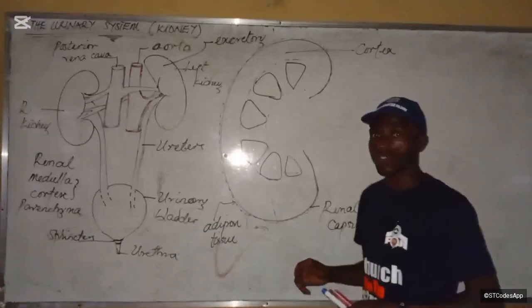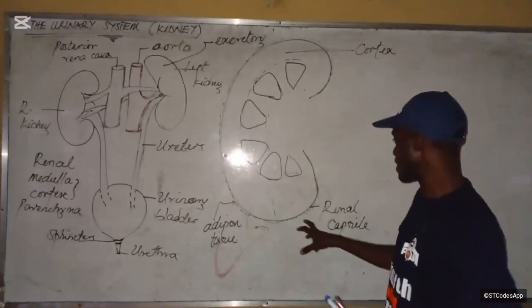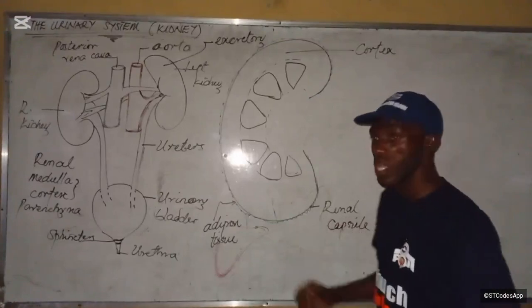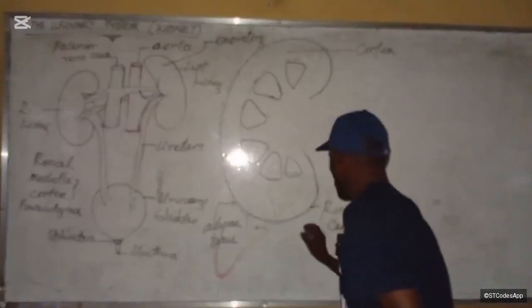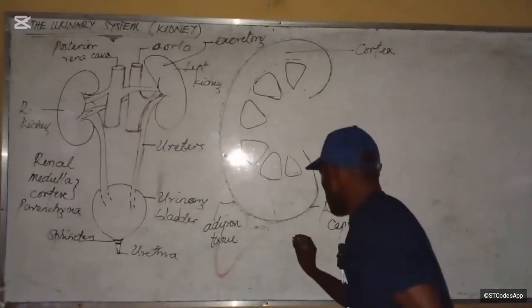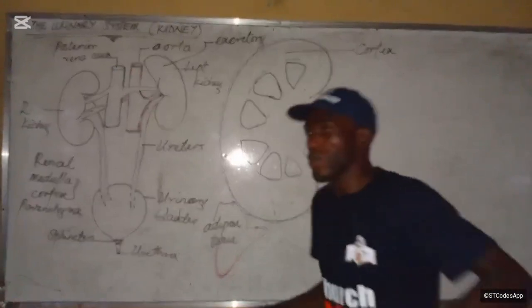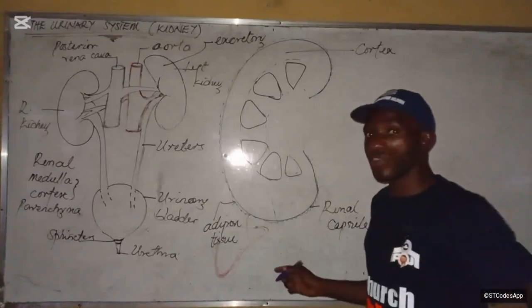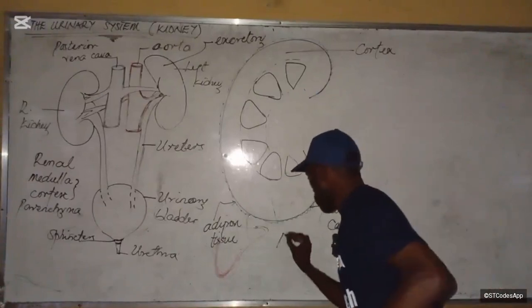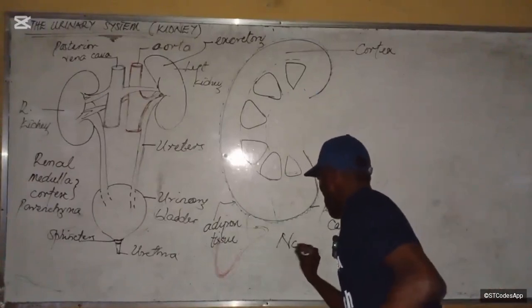All right. So then the renal capsule is rich in pain receptors, and that's why when you are hit on this side of your back, you're going to feel a sharp pain. That sharp pain is because of the pain receptors.